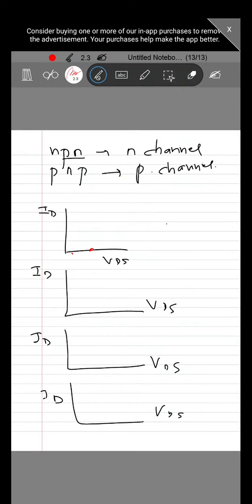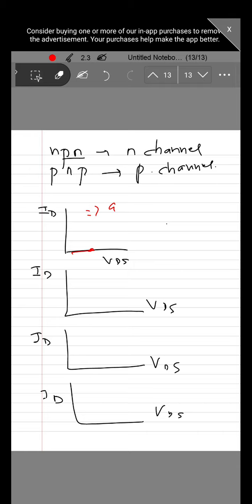So this will be the plot when the gate voltage, let's call it VG, creates the channel for conduction, and this is the plot when the current flows from source to drain.